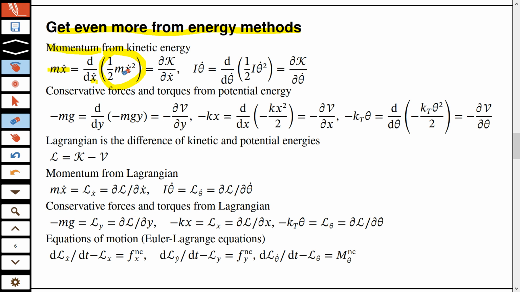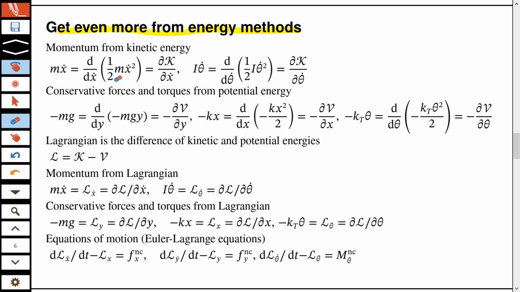So how to get momentum from kinetic energy? If you are talking about translational kinetic energy, it's simply the derivative. And because K is the kinetic energy for the whole system, when you apply this operator to K, this has to be a partial operator because K has theta dot as well and all the other things.